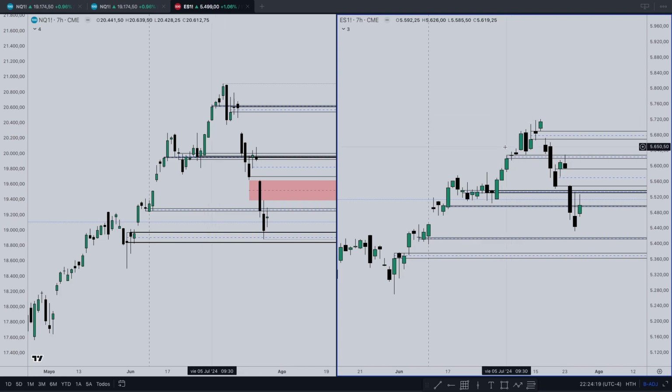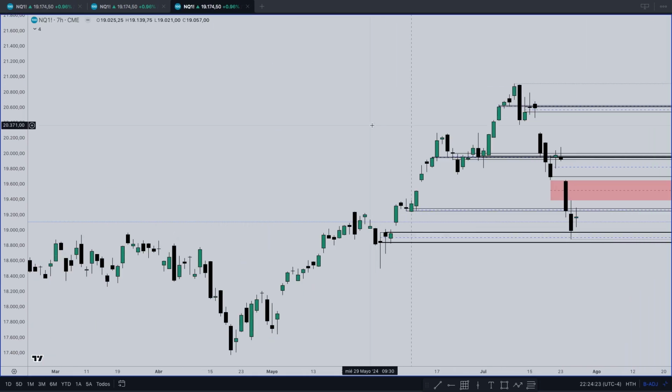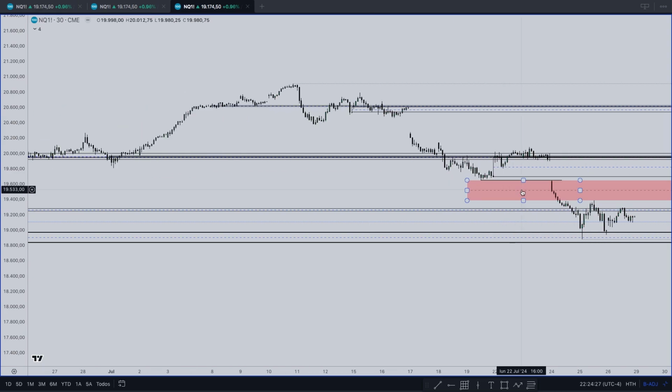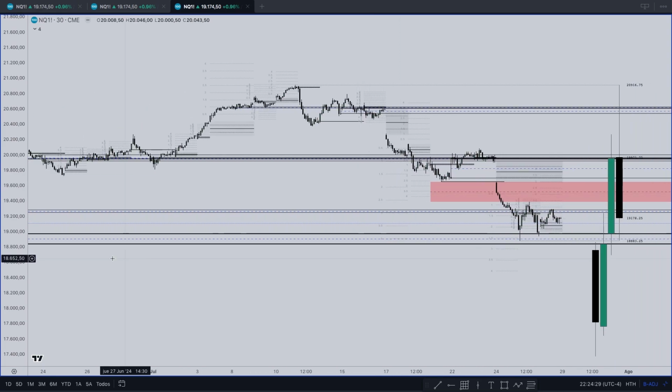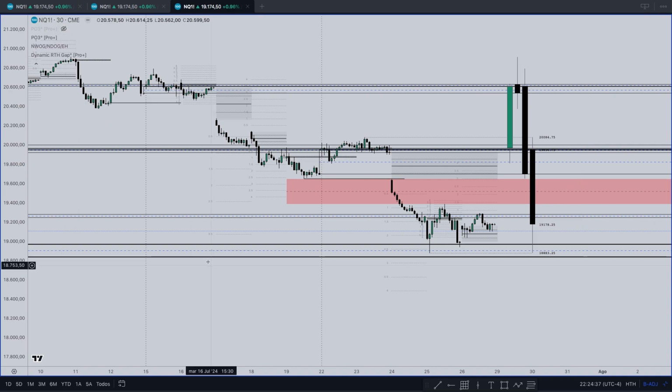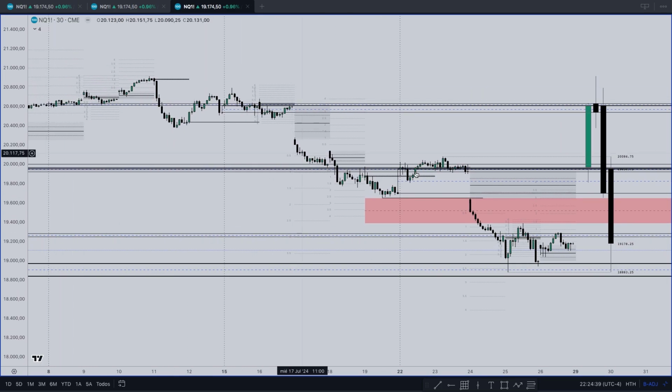happened during the week. So now let's move on to a 30-minute chart. And we have here now the weekly chart, the weekly candle, power of 3.